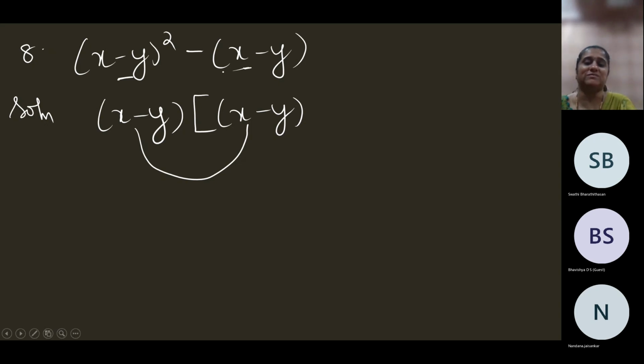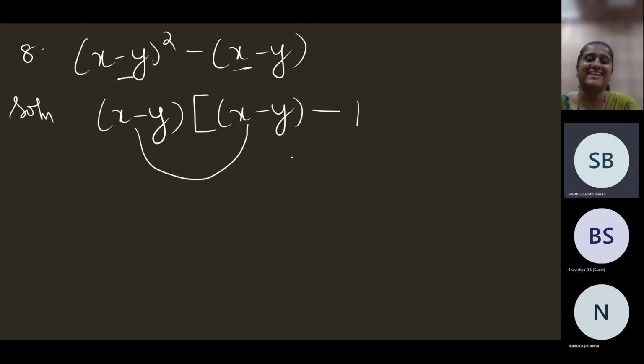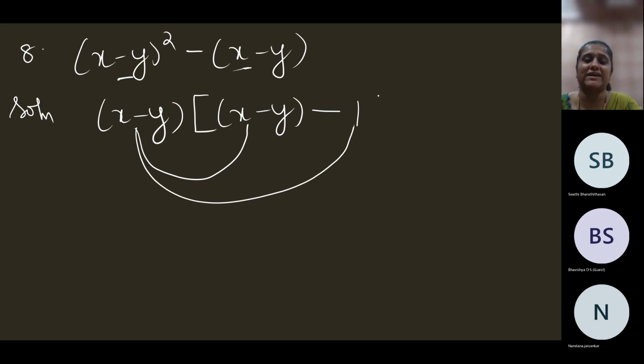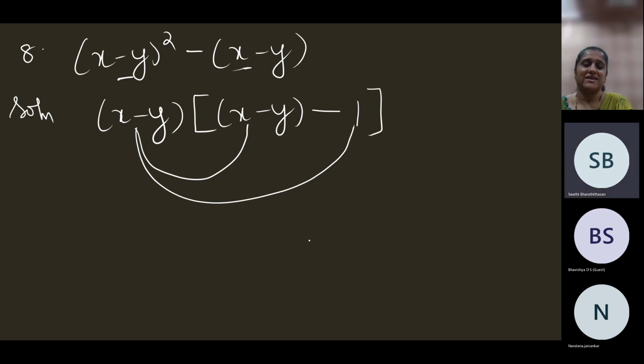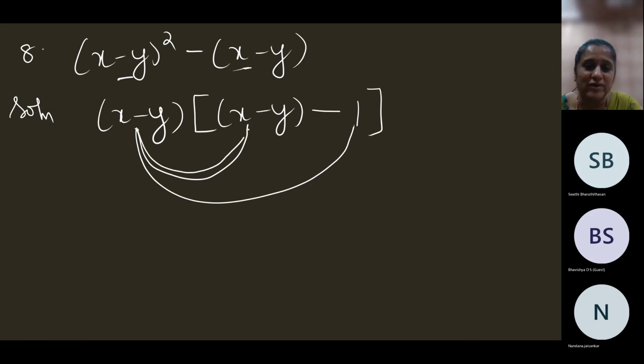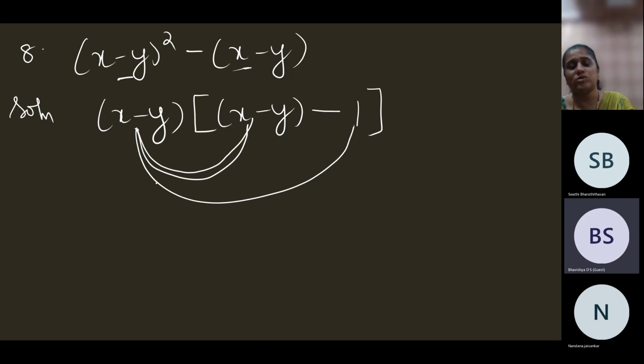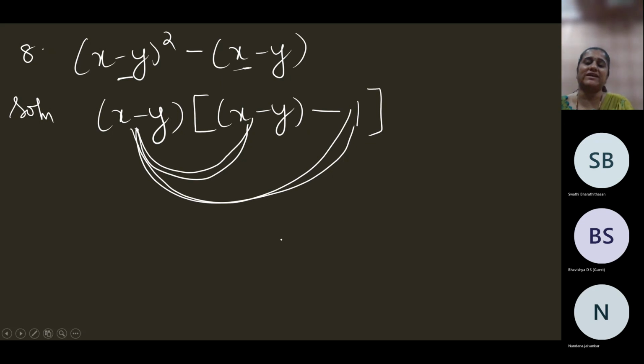What about the second term? 1, ma'am, because x minus y into 1 will give you x minus y, the second term. X minus y into x minus y is the first term, x minus y the whole square. X minus y into 1 is x minus y, the second term.